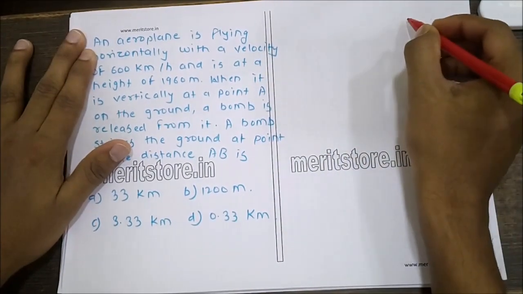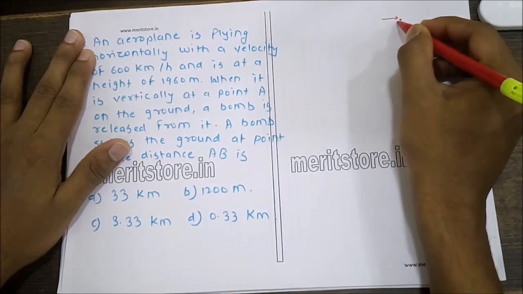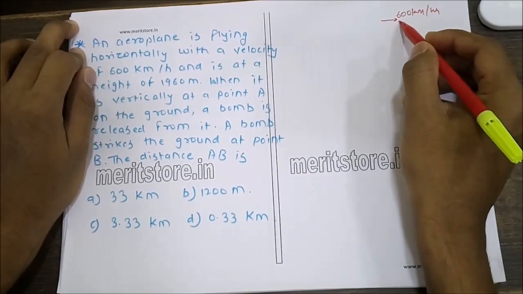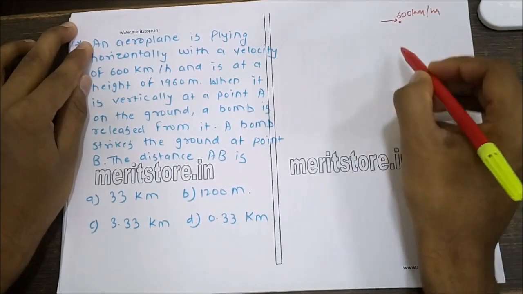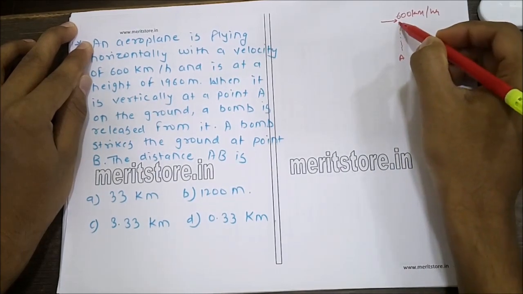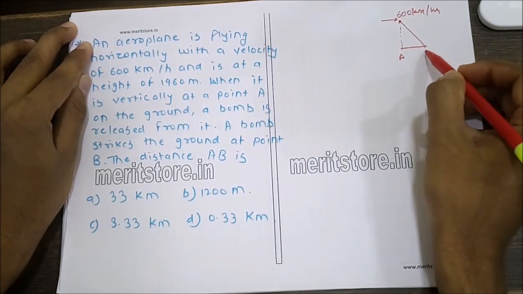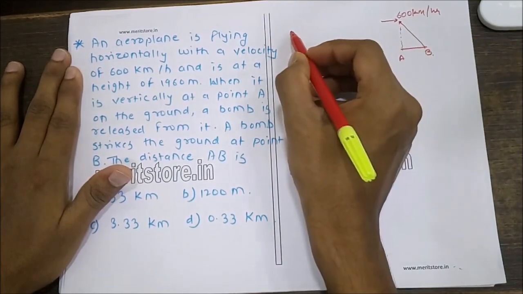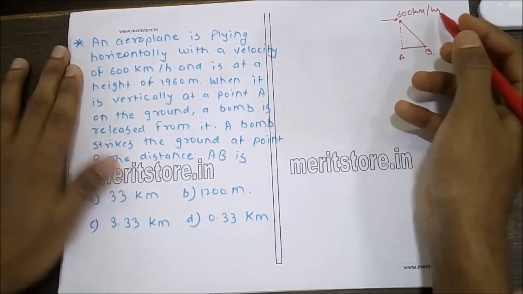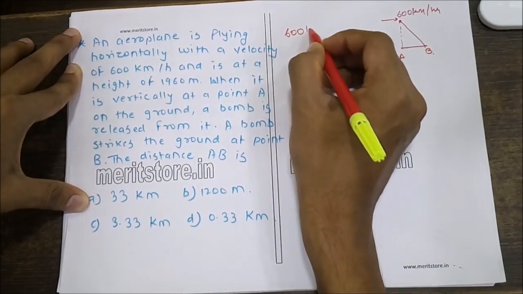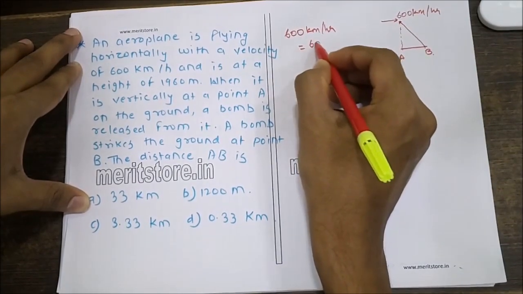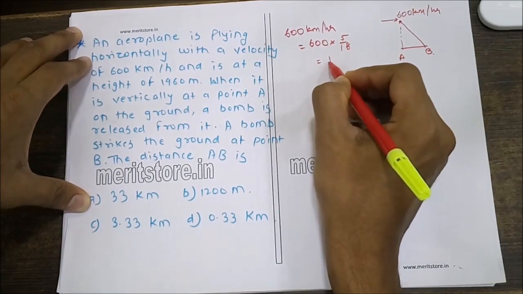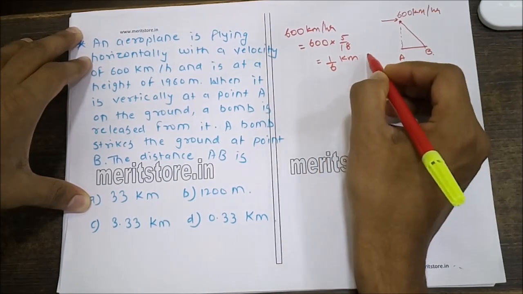So in order to solve this, assume that this is a plane which is moving at 600 kilometers per hour, and at this point the package or the bomb is dropped over the point A. It will travel and reach the point B. So the horizontal velocity of the package when it is released from the plane is 600 kilometers per hour, which can be written as 600 into 5 by 18, that is nothing but 1 by 6 kilometers per second.